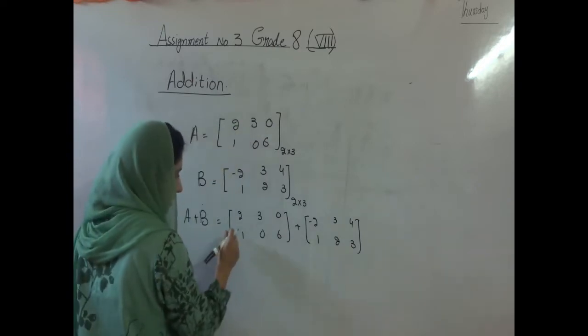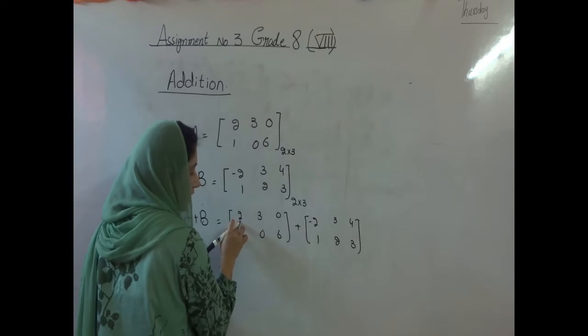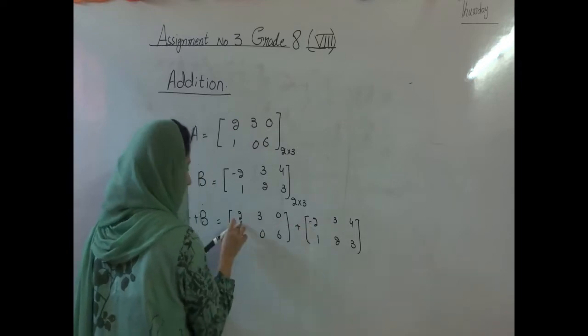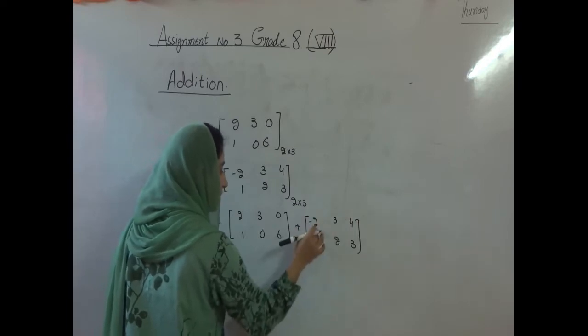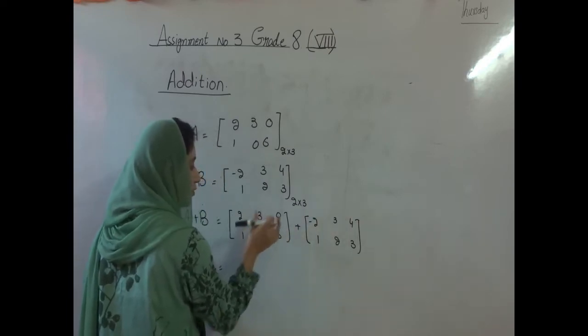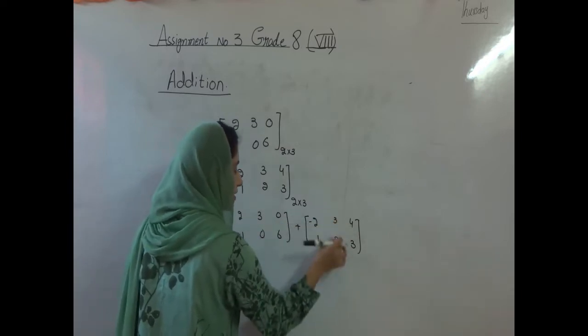So how can we add? The numbers inside the matrices are called the elements. So the first element of the first matrix will be added to the first element of the second matrix, and then the second element of the first matrix to the second element of the second matrix, and so on.